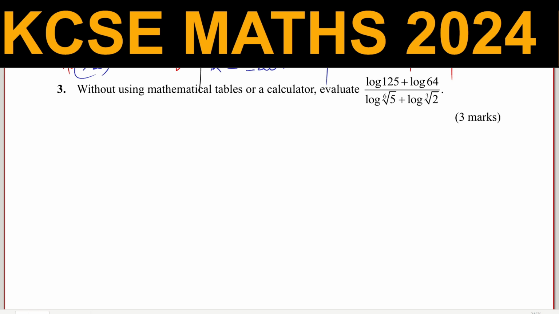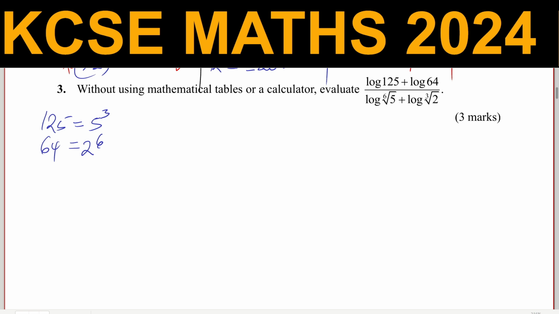Looking at logarithm of 125, it is possible to express 125 in index form using the base of 5 like this. So 125 is the same as 5 cubed. And then 64, I can write in index form at the base of 2, and this will be 2 raised to power 6.